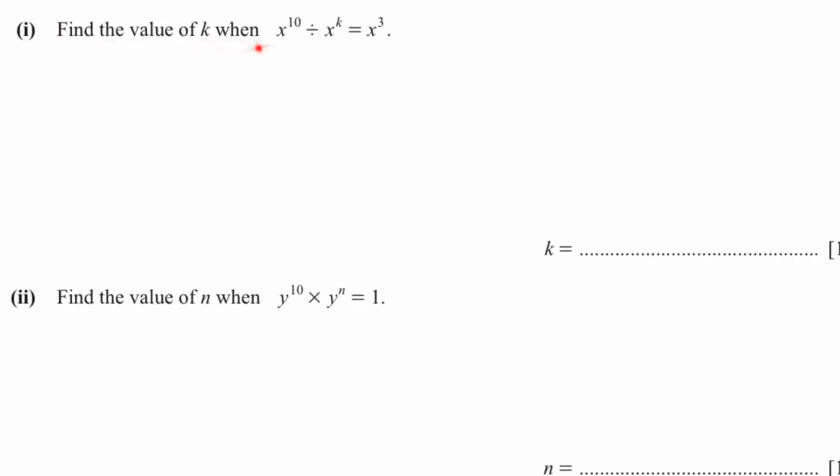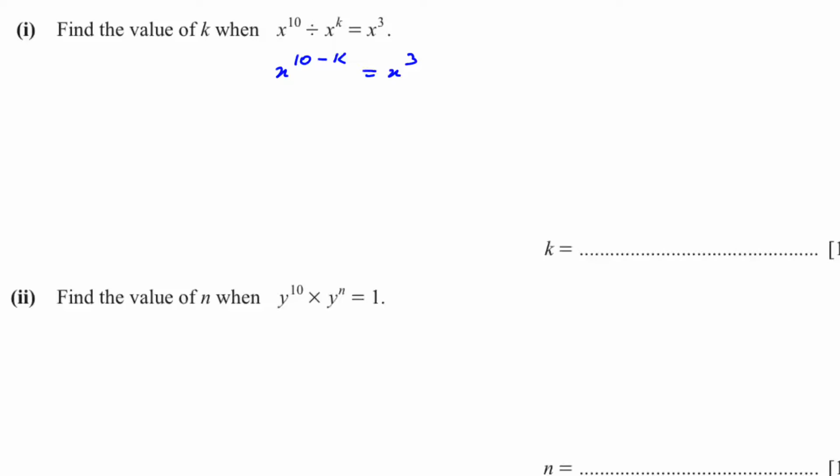Find the value of k when x to the power of 10 divided by x to the power of k is equal to x to the power of 3. I hope you know the indices rule. If it is divide, it means the powers we subtract. So 10 minus k is equal to x to the power of 3.